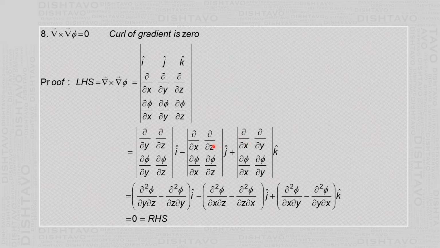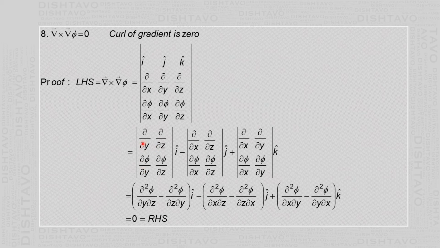Then evaluate each of these 2 by 2 determinants, which can be found by multiplying the diagonals and subtracting. So start from the left hand side, multiply this diagonal, then subtract the product of this other diagonal.